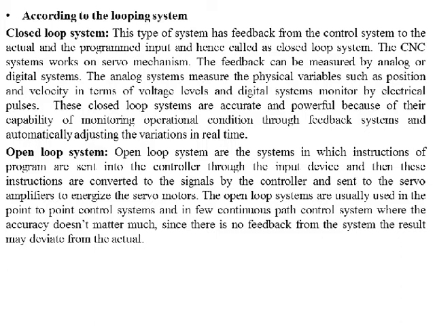Such type of closed loop systems are very accurate and powerful, and hence they have the capability of monitoring the operational condition with the help of feedback systems, and that's why they are able to automatically adjust whatever variations occur during machining in real time only.